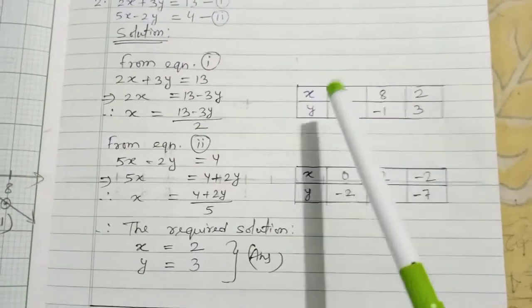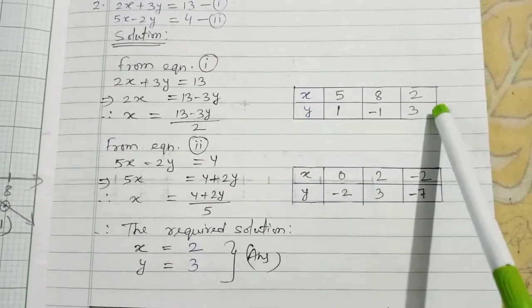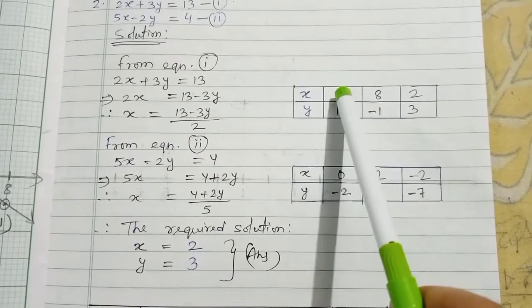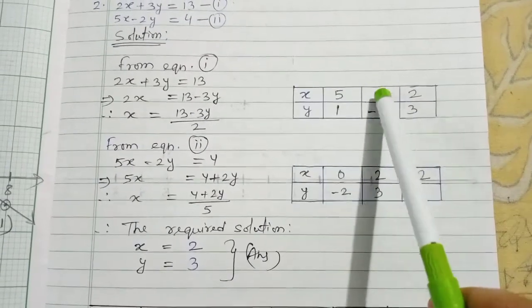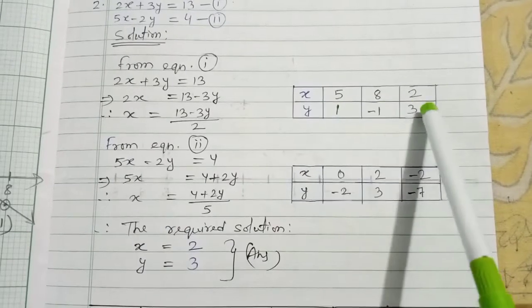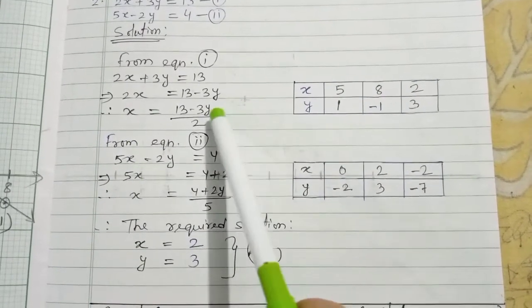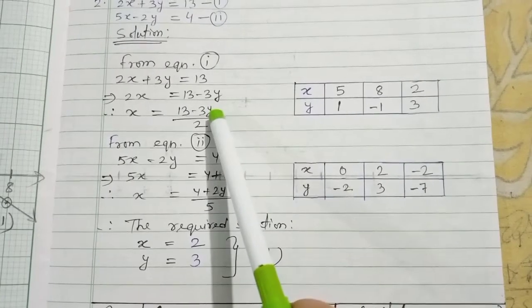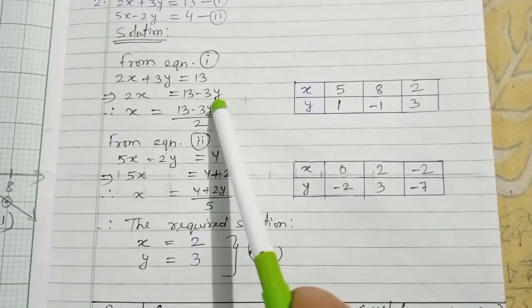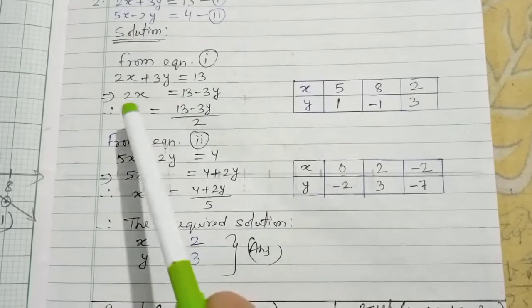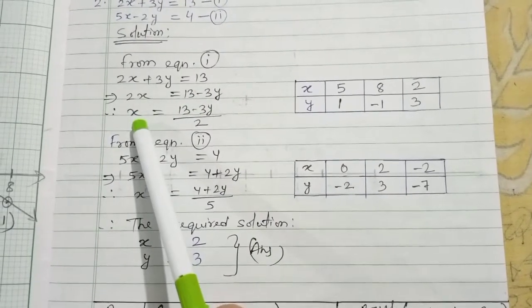Now children, you can see I have made one small table here where there are 4 boxes on the top and 4 boxes below, with x and y written. Now I will put the value of y here, and after putting the value of y, whatever answer comes will be the value of x.